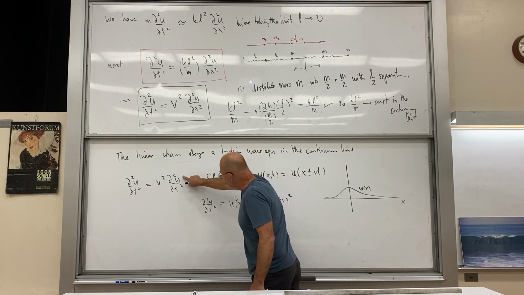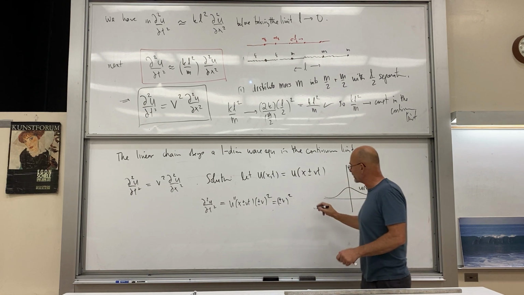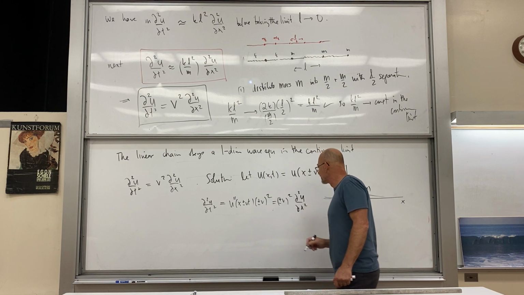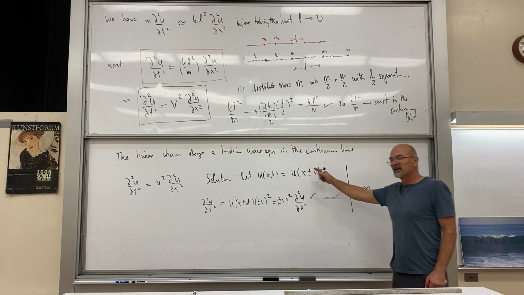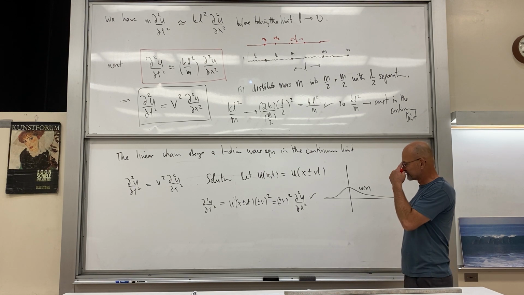And my second partial with respect to x, of course, is just going to be u double prime as well. Okay. So yeah, that is a traveling wave solution in 1 dimension.